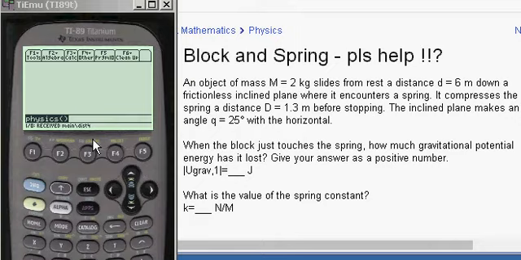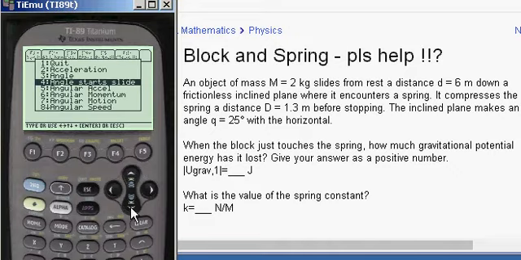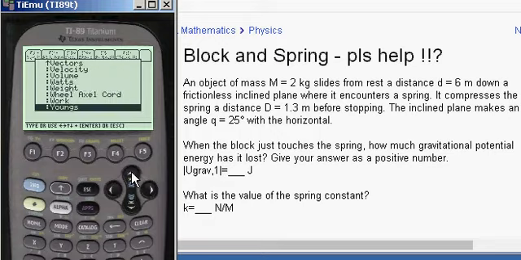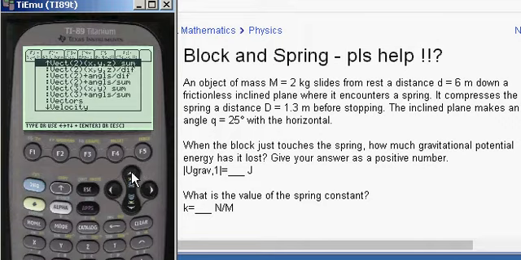All right. I'm going to go to physics, get to my menu, press enter, and I'm going to go up. I could scroll down, but I'm going to go up because S for springs is closer to the bottom of the alphabet.